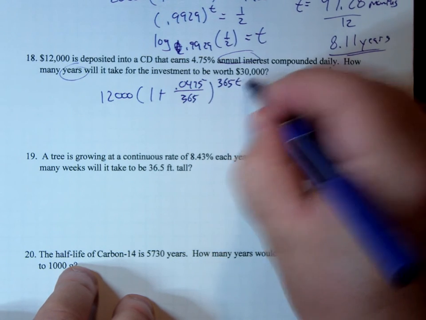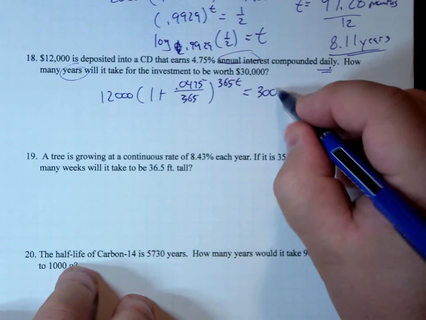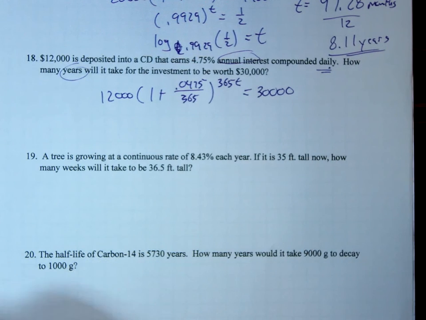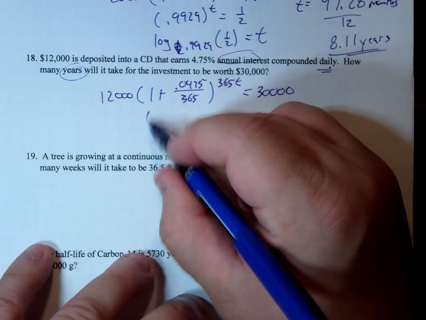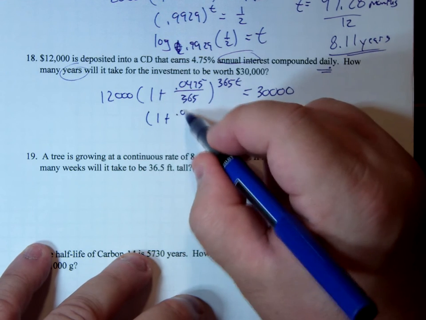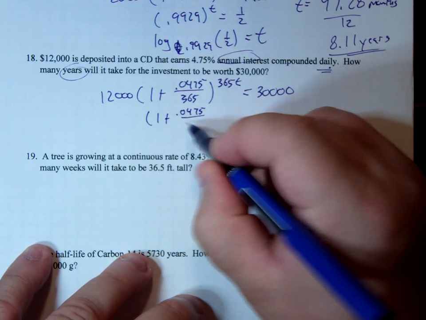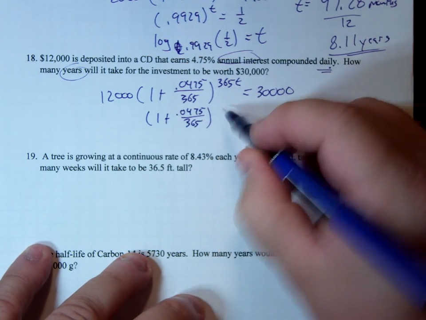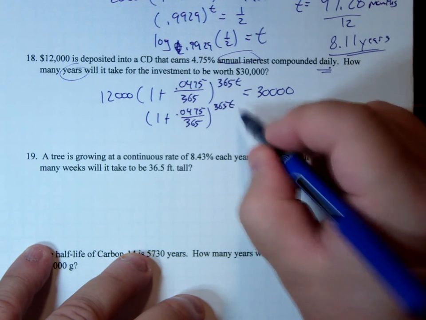When will that equal 30,000? 30,000 divided by 12 is 2.5. So when will this, and again I'm just going to plug this whole expression into the calculator, to the 365t equal 2.5.